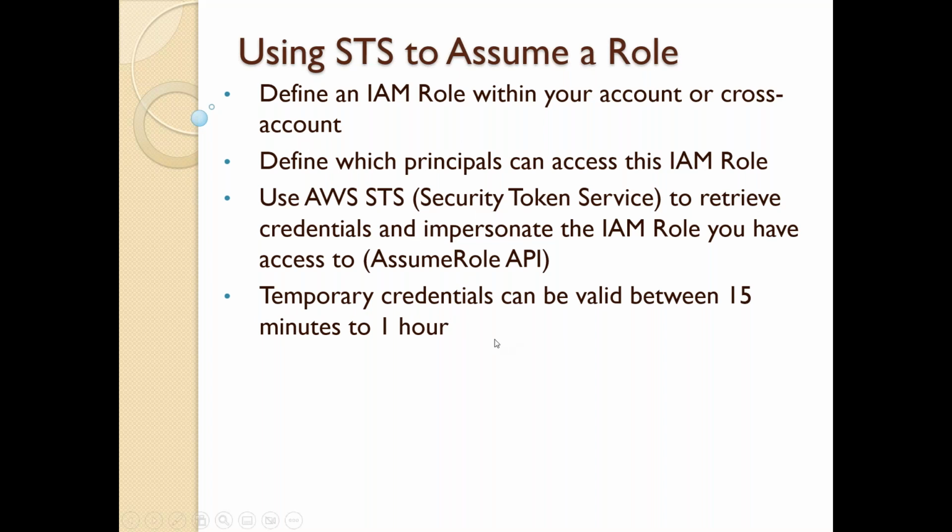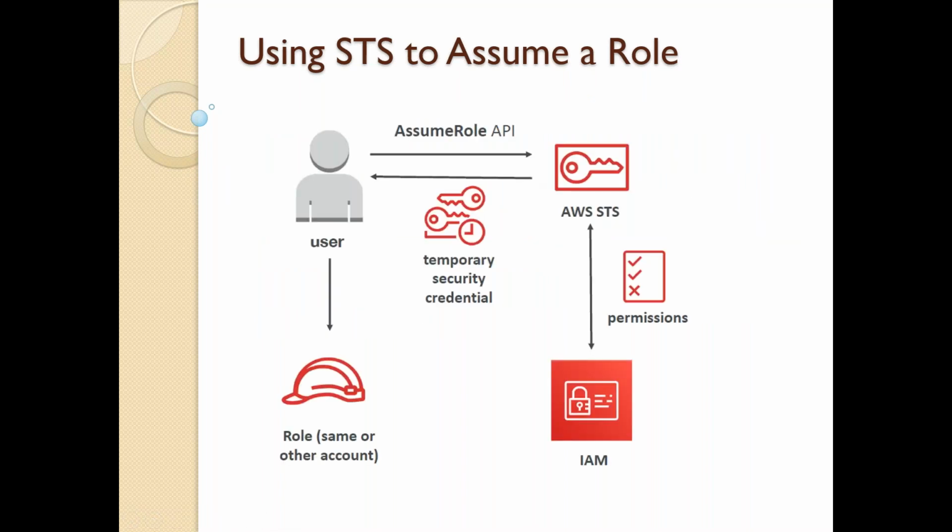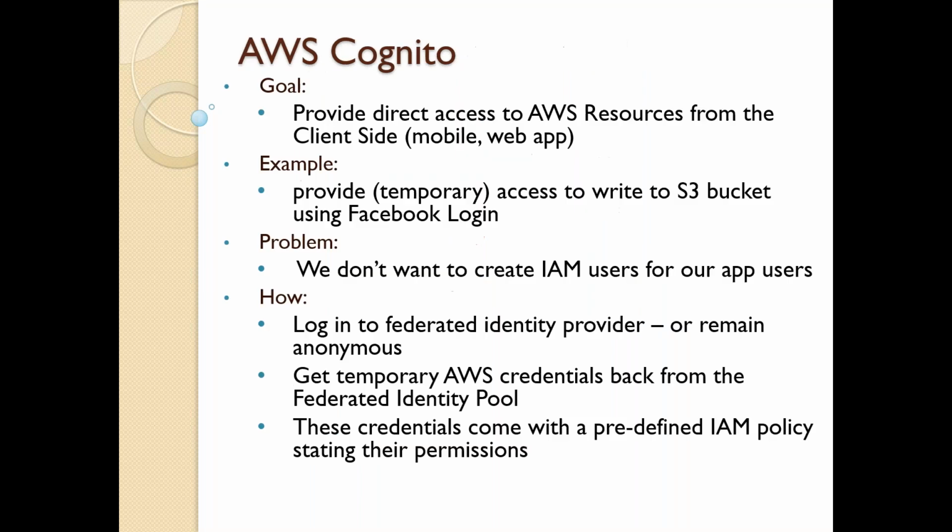You get temporary credentials which are valid between 15 minutes and 1 hour. Otherwise, you will have to regenerate the token again. So this is how it works. The Security Token Service is used to assume a role, and this is how cross-account access is done.